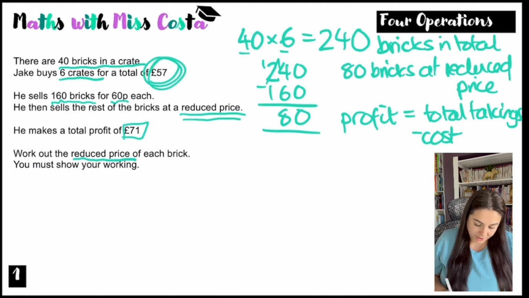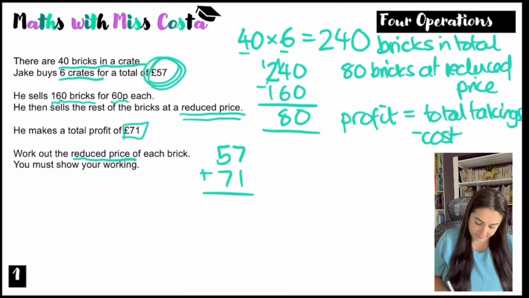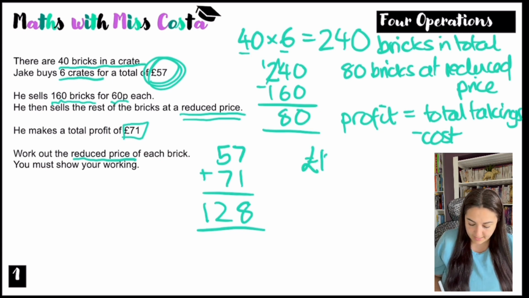So if he makes a total profit of £71, that must mean that he made a total taking of 57 plus 71. That gives me 7 plus 1 is 8, 5 plus 7 is 12, so £128. So he must have taken £128 in total.